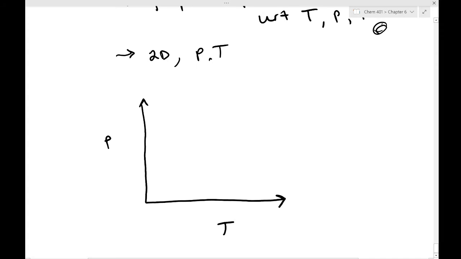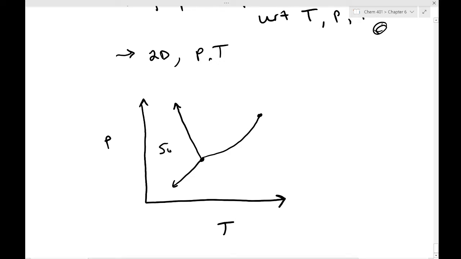Right now, let's just keep it general. So we have temperature and pressure, and typically on these phase diagrams, you'll have lines like this, and maybe something like that, and you'll have a couple of different points. This is what a very common typical phase diagram would look like.